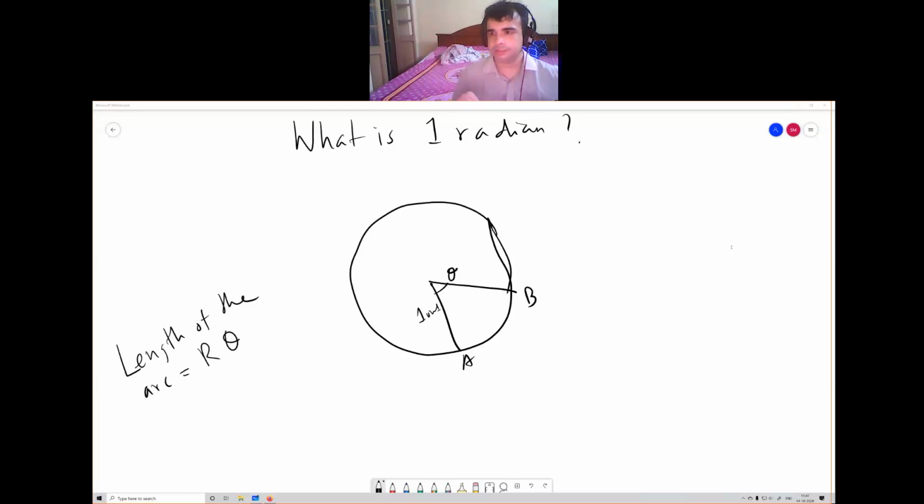The length is equal to the radius, obviously the angle has to be 1 radian. Okay, so this is 1 radian.